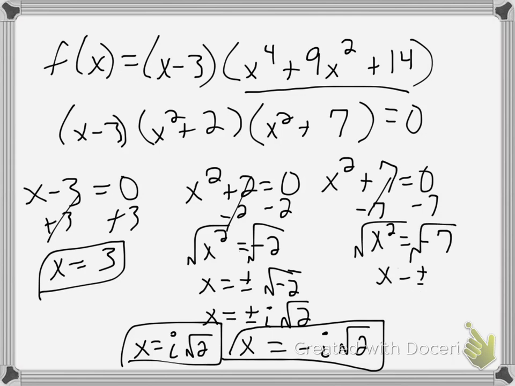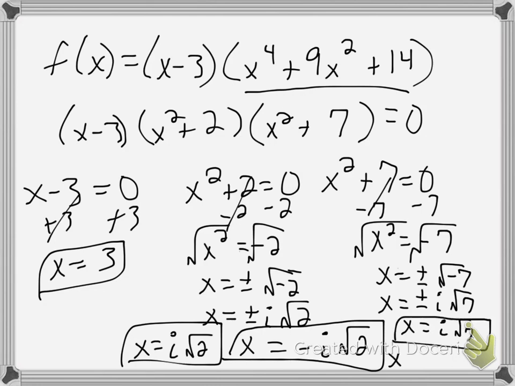X would equal plus or minus square root of negative 7. So x would equal plus or minus i square root of 7. So x would equal i square root of 7. X would equal negative i square root of 7.